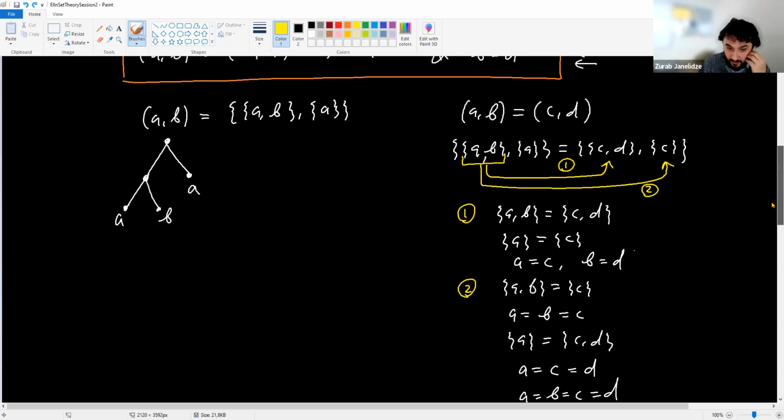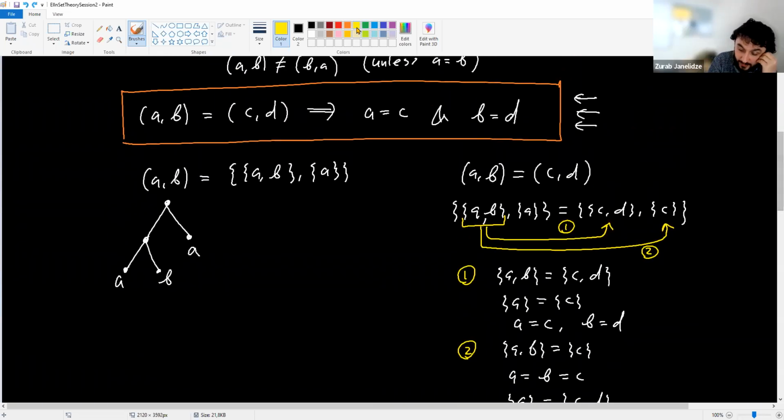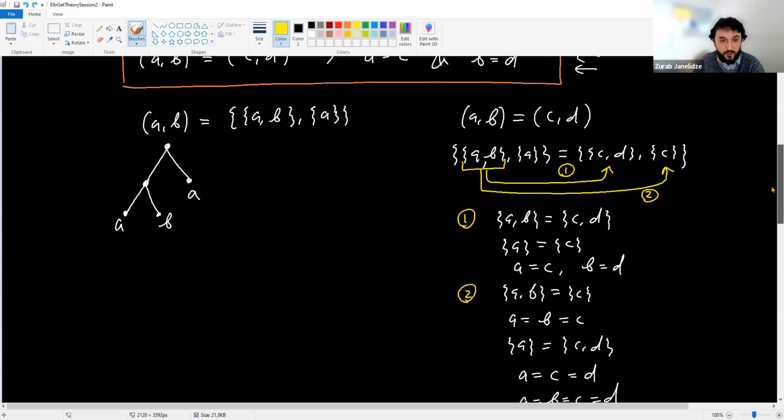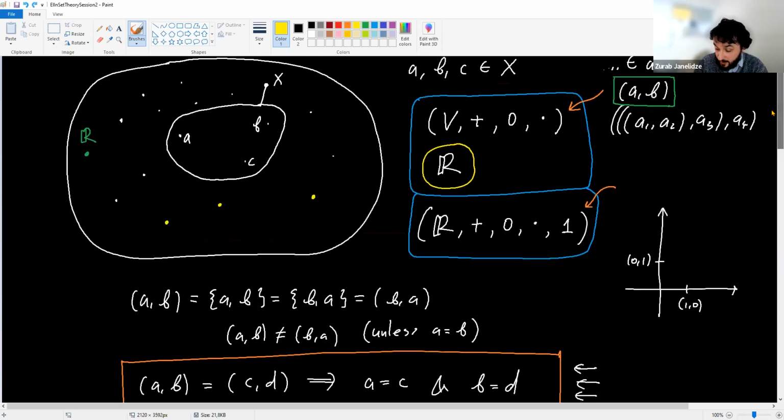We get that by introducing the definition of ordered pair this way, we can ensure that the ordered pair remembers who the first component is and who the second component is. And now we can go back to here, and we can say, okay, if I knew individually what V is, what plus is, what 0 is, what multiplication is, then I know how to encode this as a set.